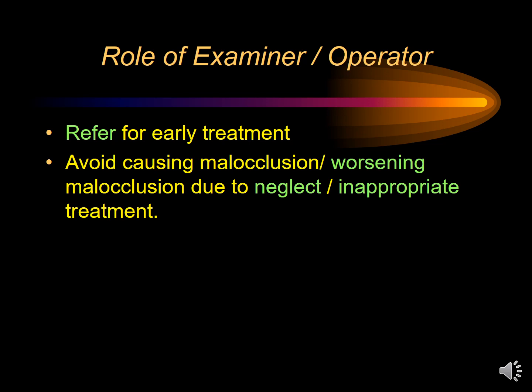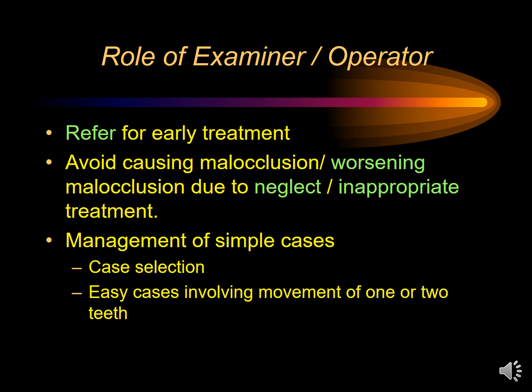The operator should avoid causing a malocclusion or worsening the malocclusion due to neglect or inappropriate treatment. Management of simple cases can be done by the general practitioner, but it will require very careful case selection and involves easy cases involving movement of one or two teeth.